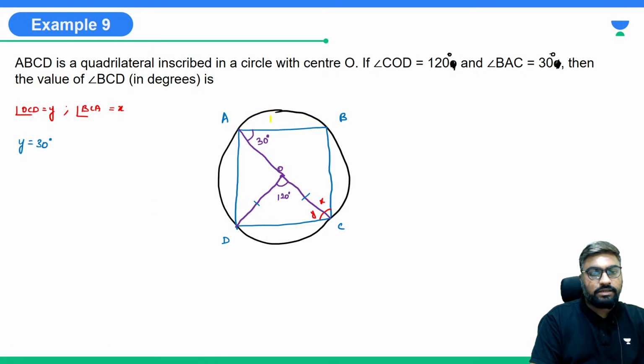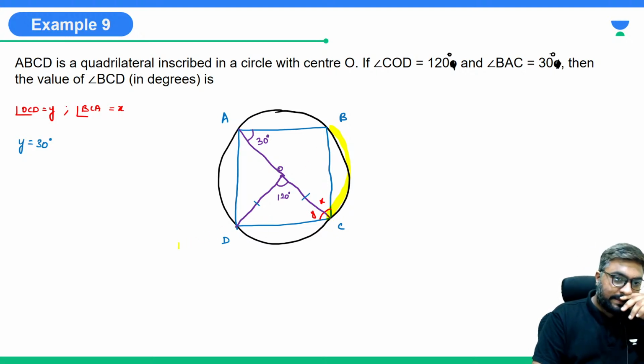Or okay, wait, this angle is formed by this arc, है ना? BC is forming this 30 degrees and same BC will be forming this angle also. This is 30, correct?